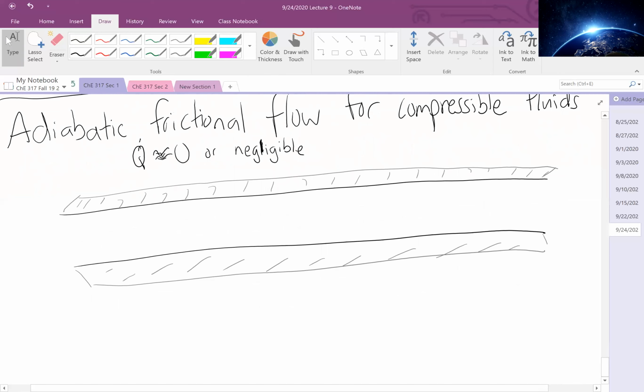However, I'm still going to have friction. And in these systems, in terms of compressible flow, now we're not considering an isentropic system. We have to consider irreversible losses, i.e. friction.